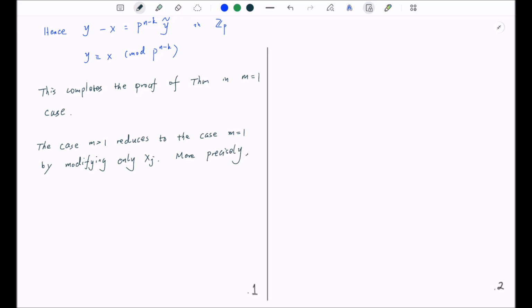We let f tilde be a polynomial in one variable over Zp, obtained by replacing all the indeterminates Xi where i is not equal to j by little x sub i, which are given in the hypothesis.